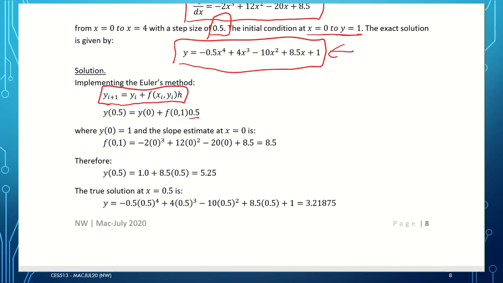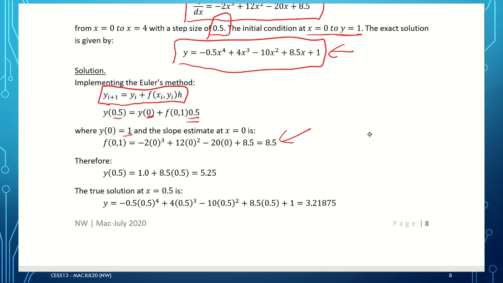The initial x is equal to 0, where y equals 1. Solving the slope equation by substituting all the given values, we get 8.5.